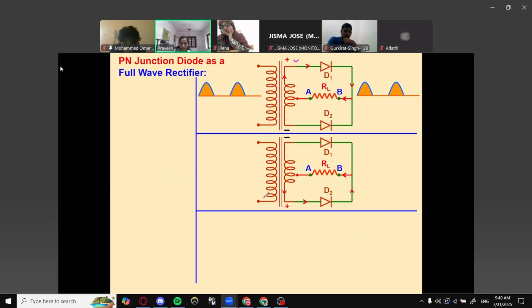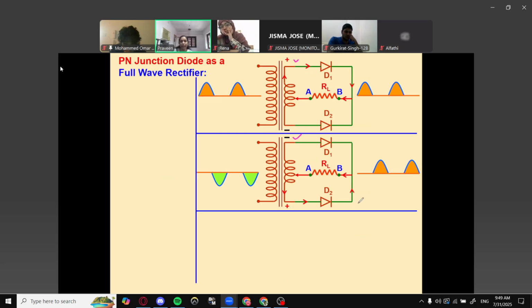Now, when the direction changes, what will happen? The first part will become negative. When the direction changes, this becomes negative and this will become positive. So D1 will not be conducting, but D2 will be conducting because this part becomes positive.